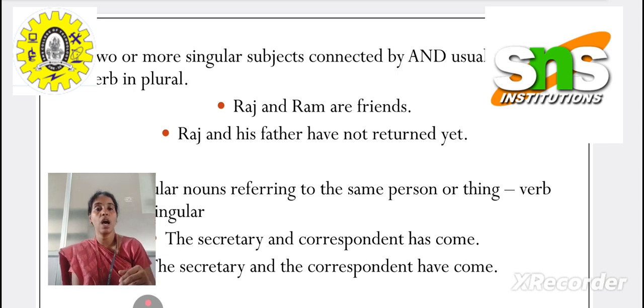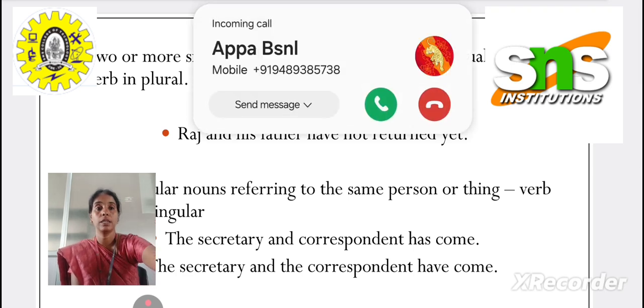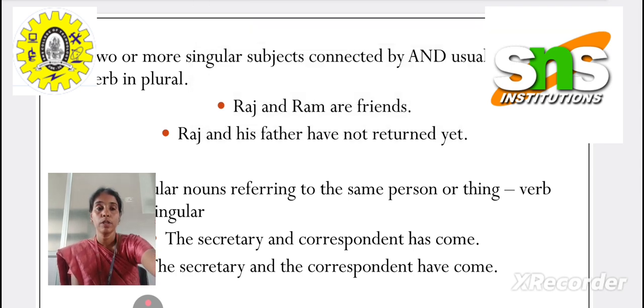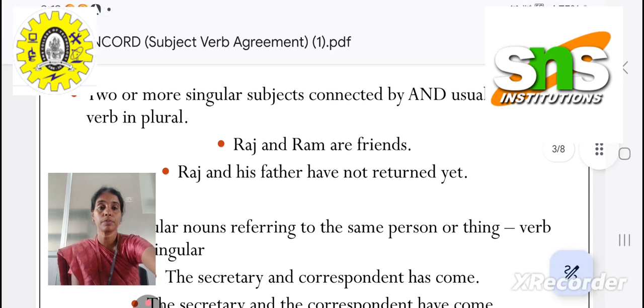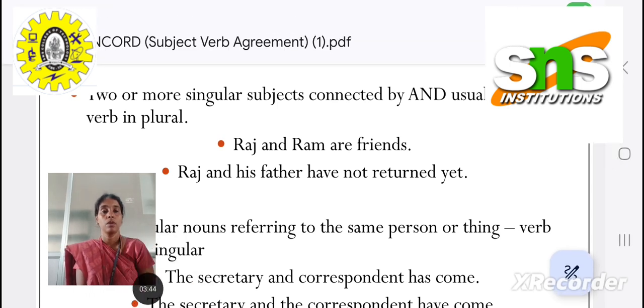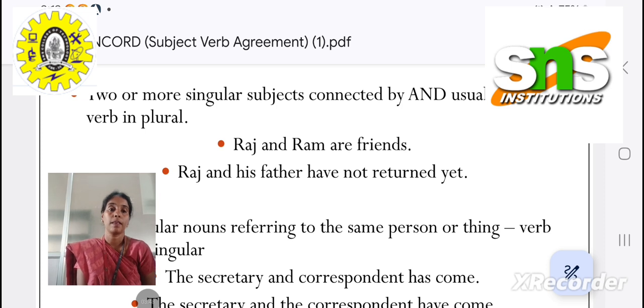So, Raj and his father. Raj is one subject, his father is another subject. By using the conjunction and, both the subjects are connected. So in that form, we are supposed to use a plural form of verb.